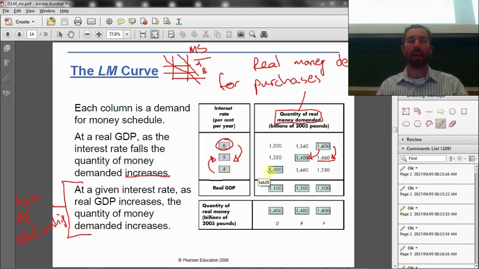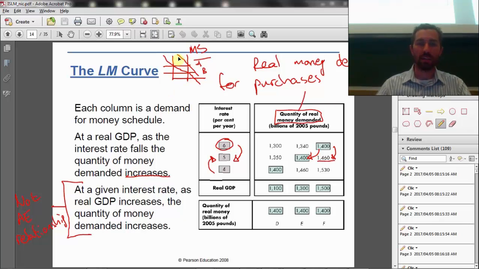Well, as real output increases, so does the quantity of real money demanded, and the interest rate will increase. Okay? So at a given real GDP, as the interest rate falls, the quantity of money demanded increases.